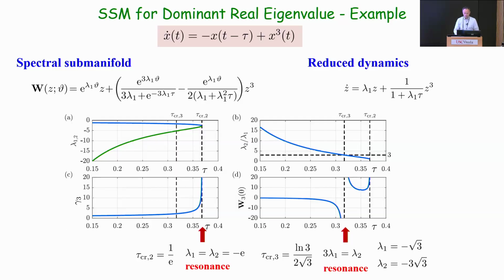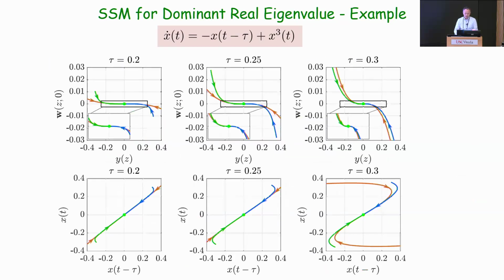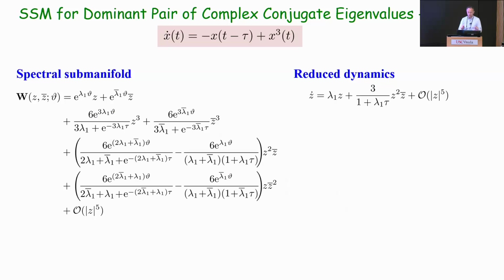Okay, so we can do this at the real eigenvalue, and we can also do the same calculation for the complex conjugate roots, and you can see again that now the spectral submanifold gets a little more complex, right? But the reduced order dynamics is still beautifully simple, okay?